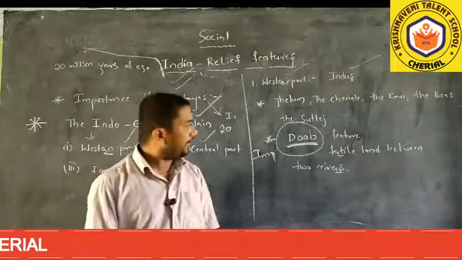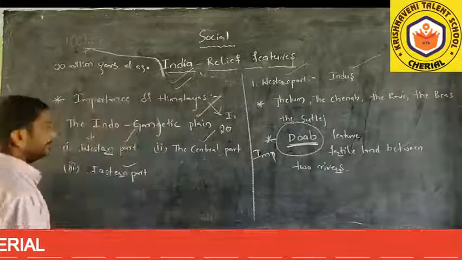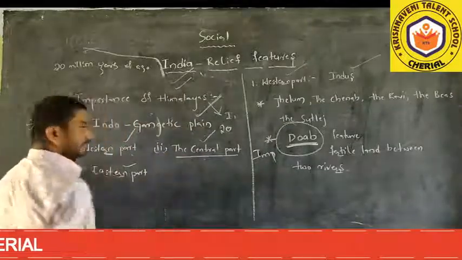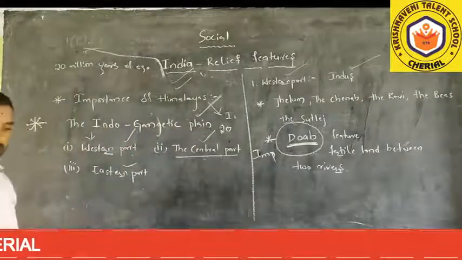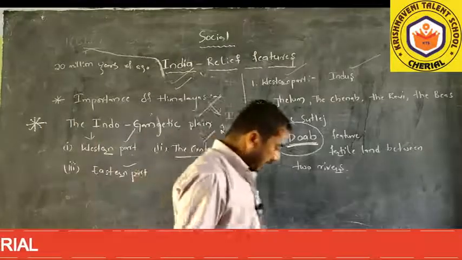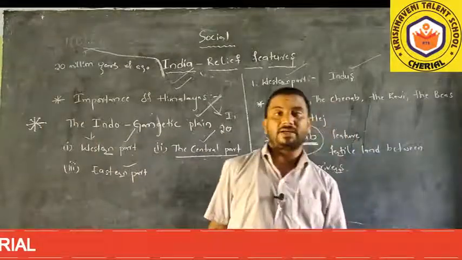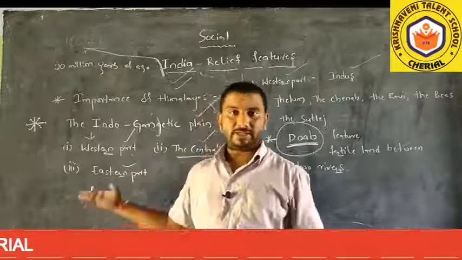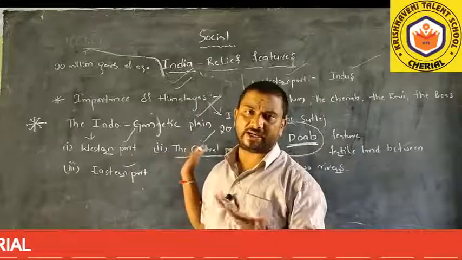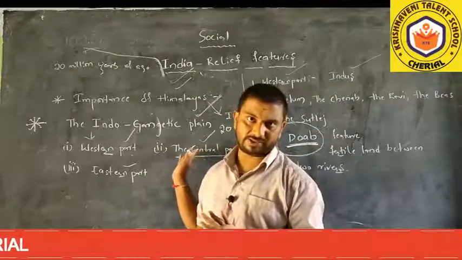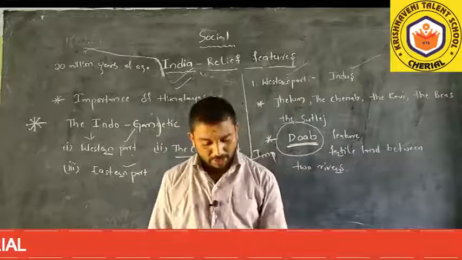Now we will go to the second one, the central part. How are the central parts of the Indo-Gangetic Plains formed? The western part is formed by the Indus River and its tributary rivers. How is the central part formed?